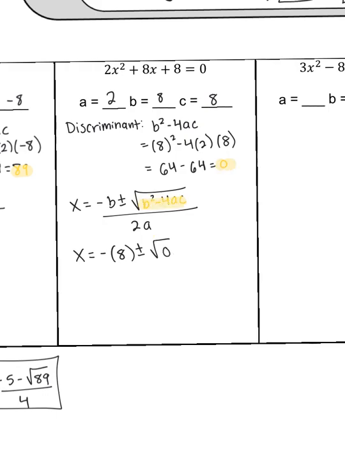So this is root 0 over 2 times a, which is 2. The square root of 0 is just 0, so I really don't care at all about this portion over here. I'm going to leave it as negative 8 on the top, over the 2 times 2 on the bottom, which is 4. If I reduce that down, I end up getting one single answer of x equals negative 2.